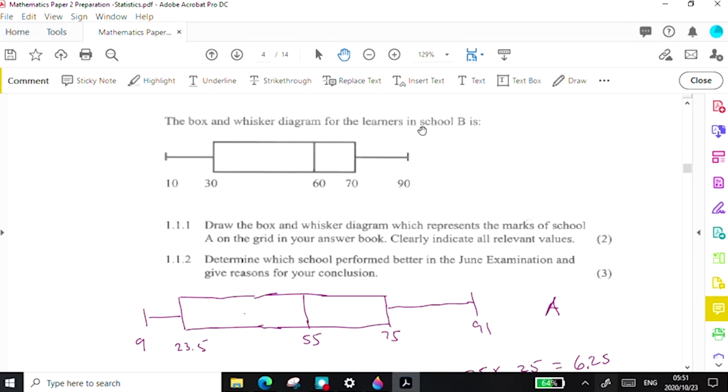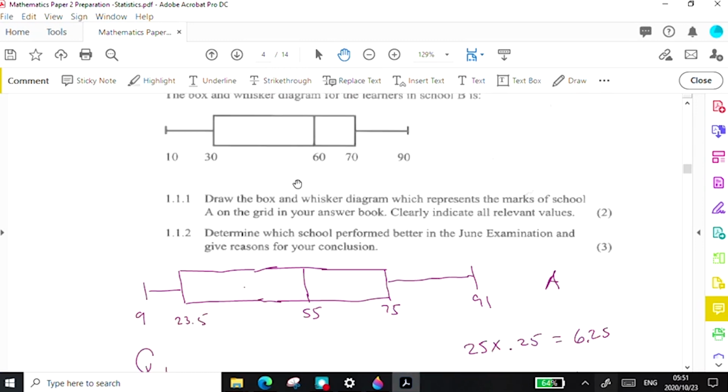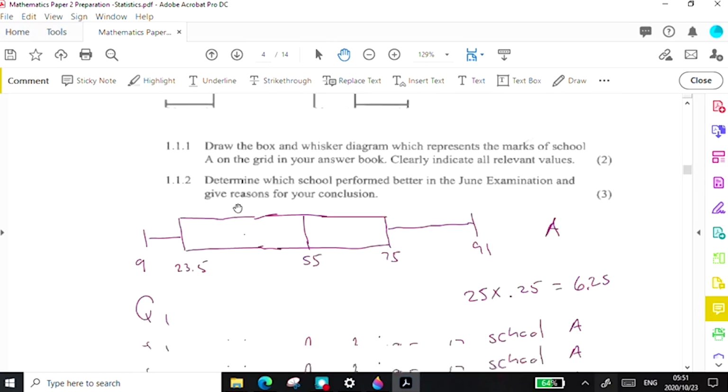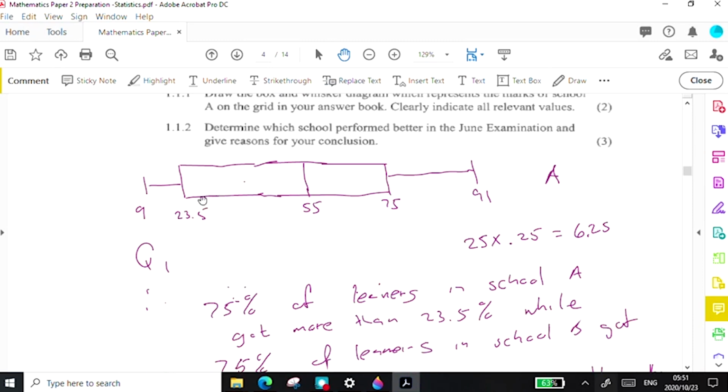So again, B is performing better than A, comparing the upper 50%. So you can either compare the upper 50% of the students or the upper 75% or lower 75% of the students.